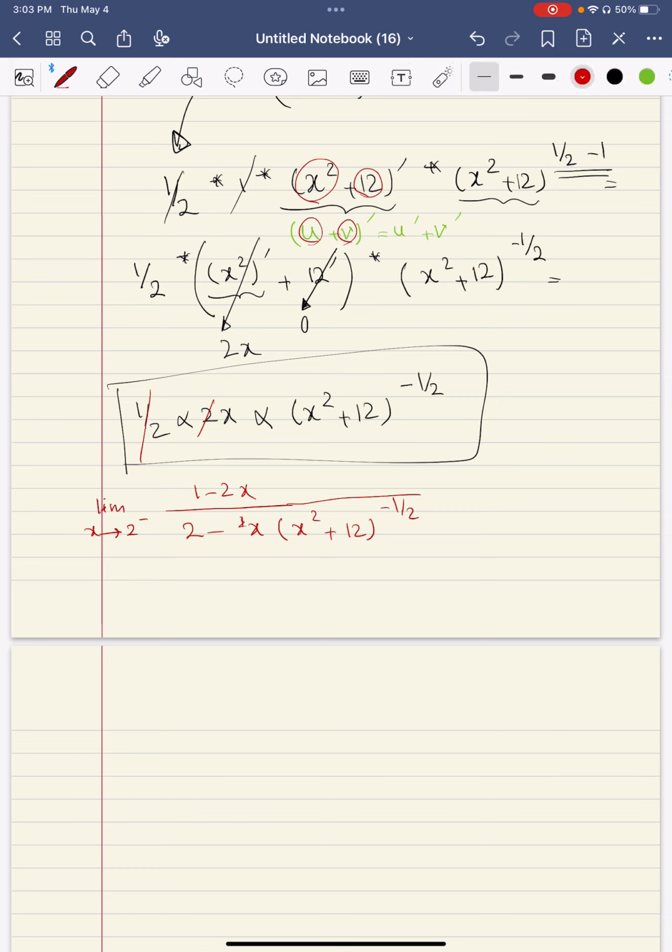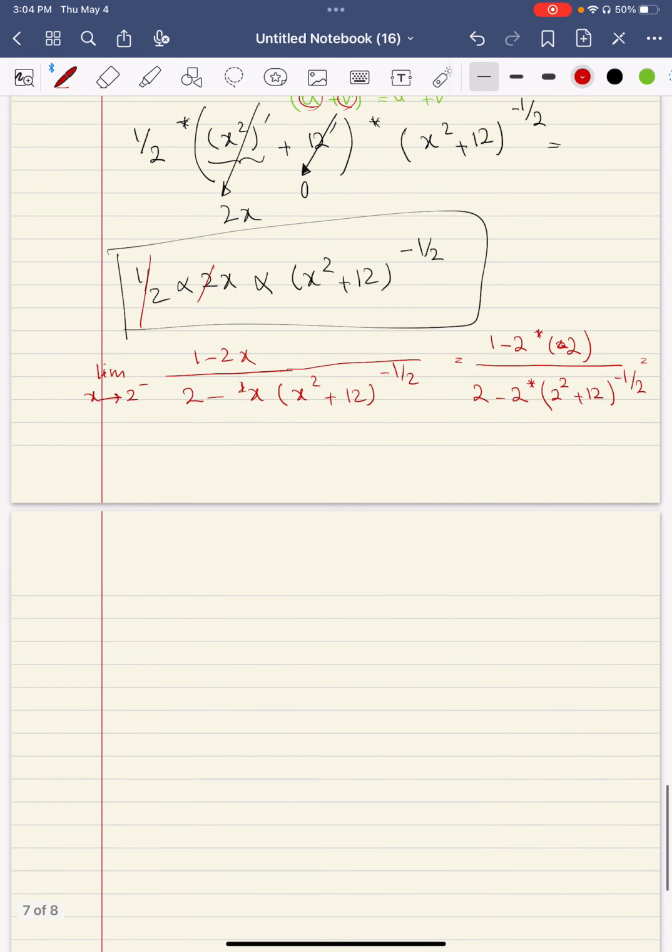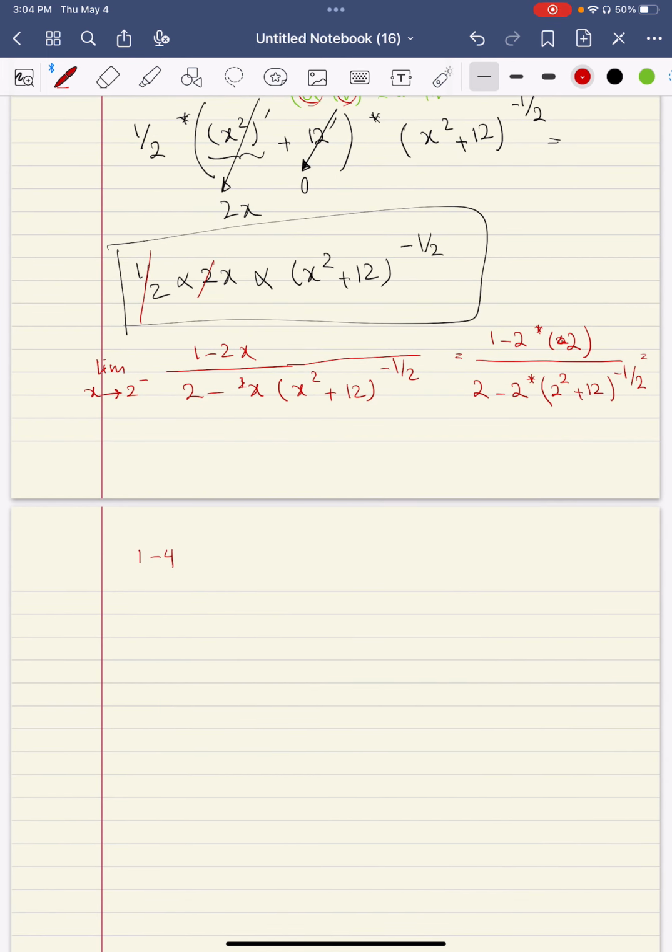So right now we have to replace the 2. So we have 1 minus 2 times x over 2, over 2 minus x times 2 to the power of 2 plus 12 to the power of negative 1 over 2. So the numerator is 1 minus 4, and the denominator is 2 minus 2 times 2 to the power of 2, which is 4, plus 12 to the power of negative 1 over 2.